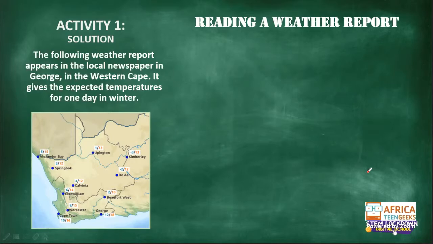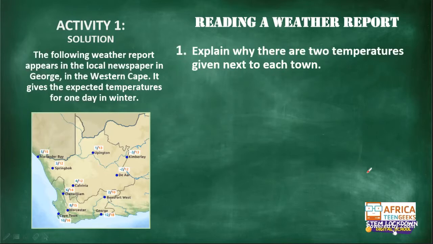If we look at this, it's part of South Africa, and there's a couple of towns or cities represented on the map with two values, one in blue and one in red. Explain why there are two temperatures given next to each town.